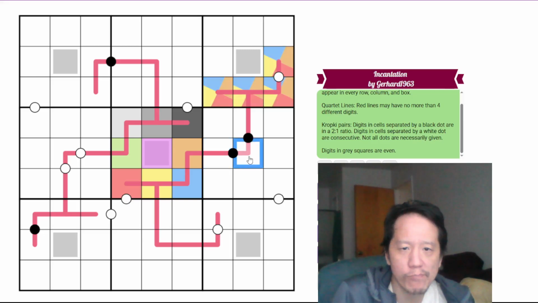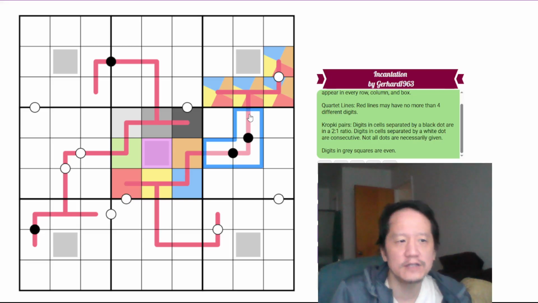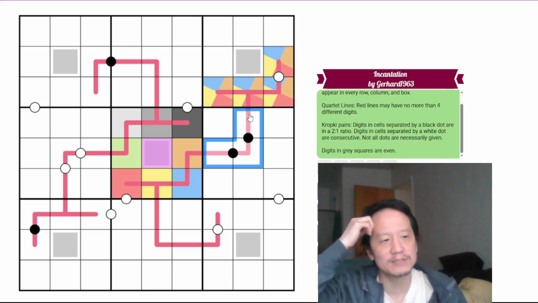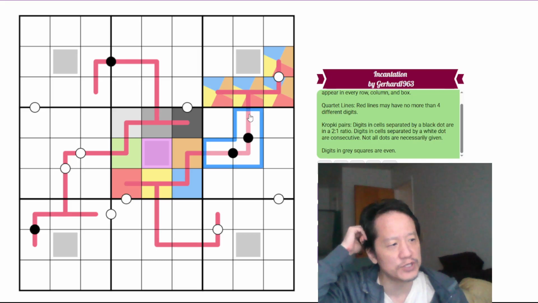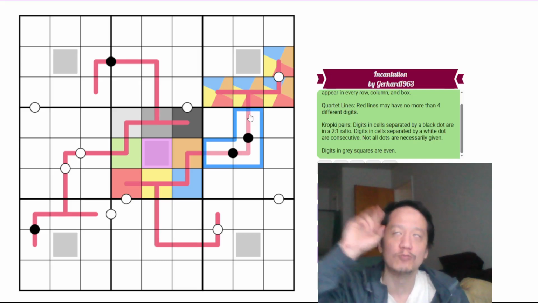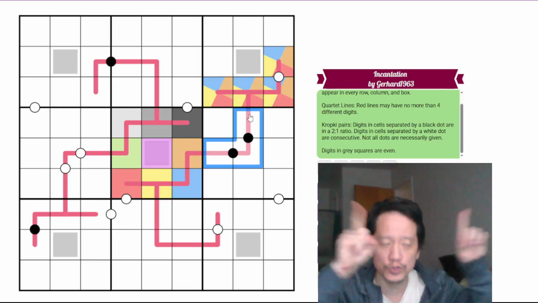Right? Well, on this of these red, yellow, blue, and orange digits, we have 3 cells which must be in a 1-to-2 ratio with each other, and one cell is in a 1-to-2 ratio with 2 other digits.